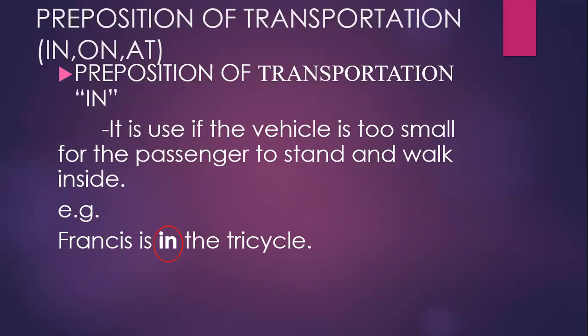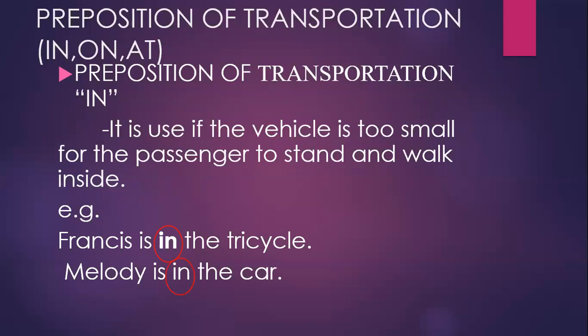Why do we use preposition of transportation in? Can you walk inside the tricycle? Basically, no. Can you stand inside the tricycle? Definitely no. Therefore, the correct preposition of transportation that you will be using is in. Okay? Next example. Melody is in the car.